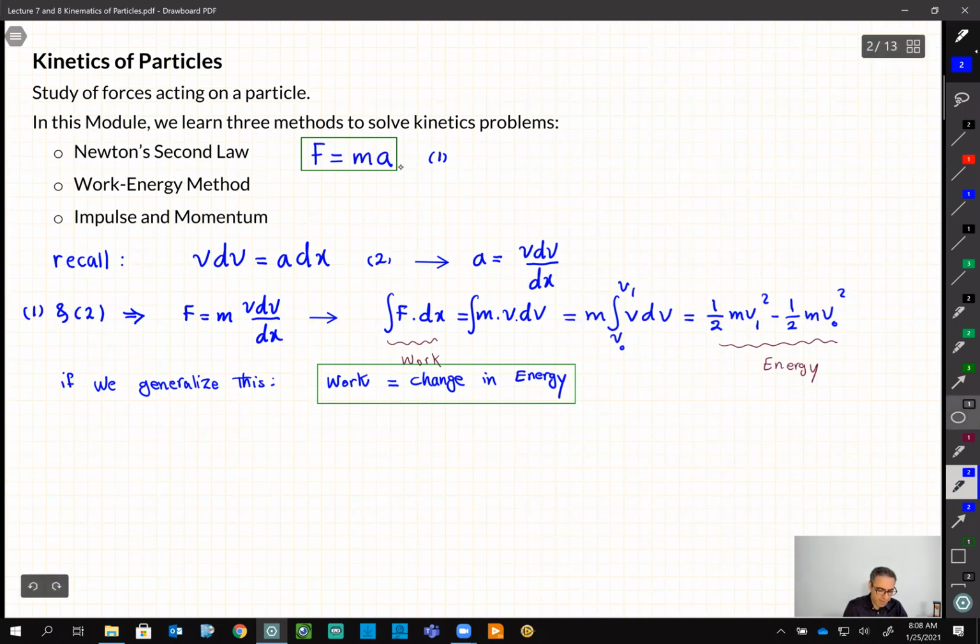So let's say I have an object, whatever object it is, let's say a particle, and I'm applying a load F, and I am applying this load for a duration of, let's say, T. We apply this load for T seconds.